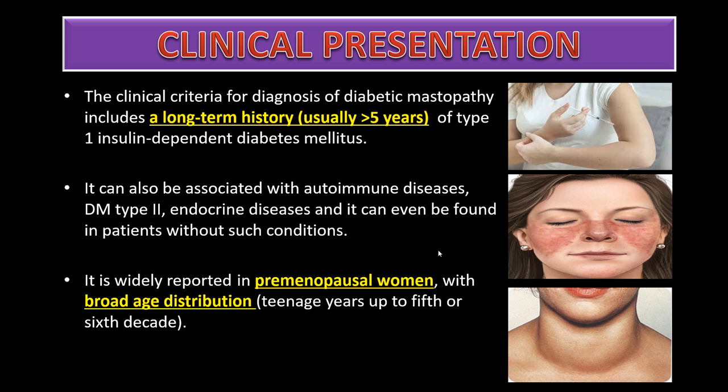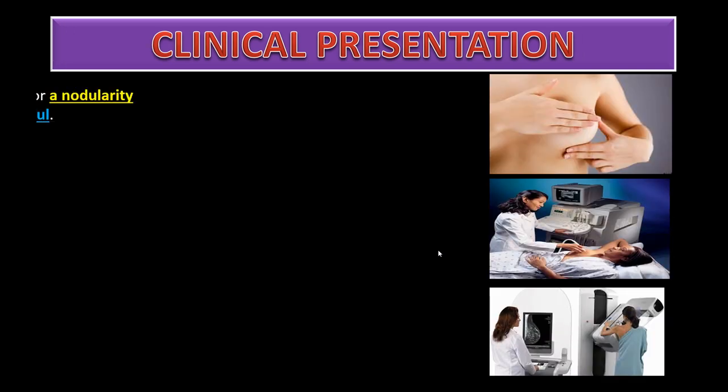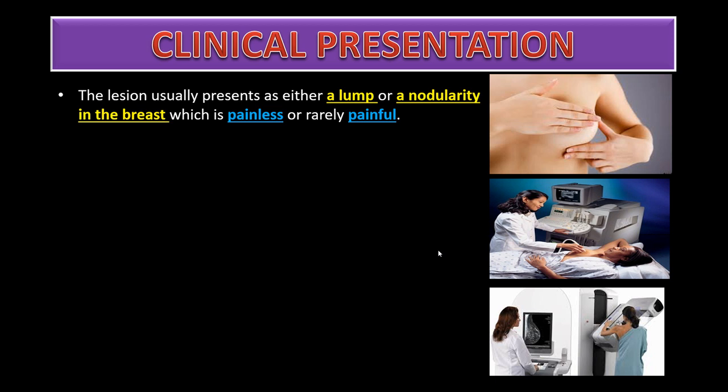It is widely reported in premenopausal women with broad age distribution, teenage years up to 5th or 6th decades. The lesion usually presents as either a lump or a nodularity in the breast, which is painless or rarely painful.